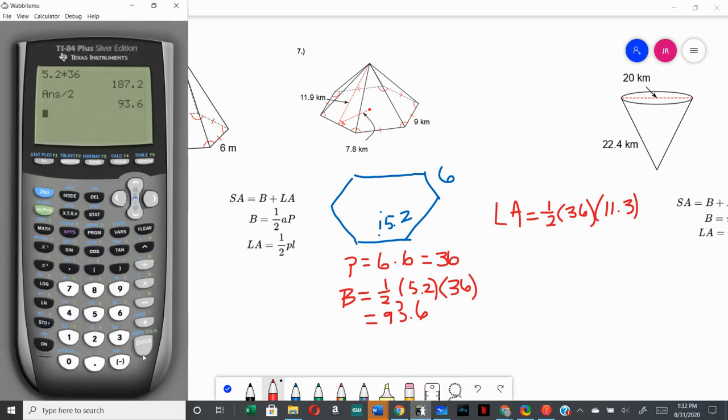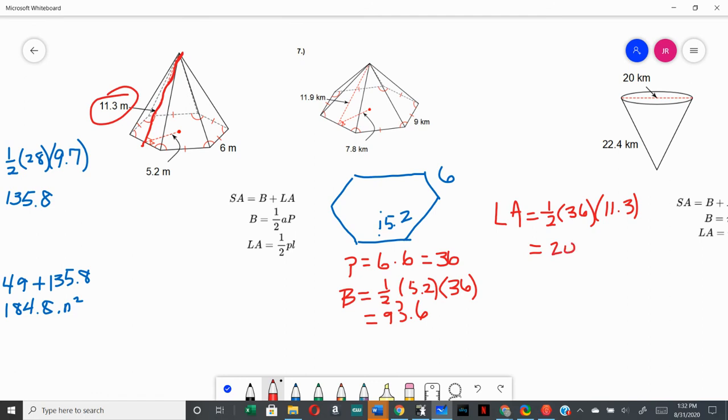So pull the calculator back out. We got 36 times 11.3 divided by 2. So that gives me 203.4. So that's my lateral area.